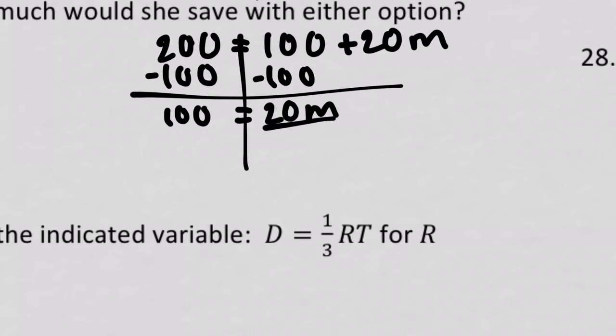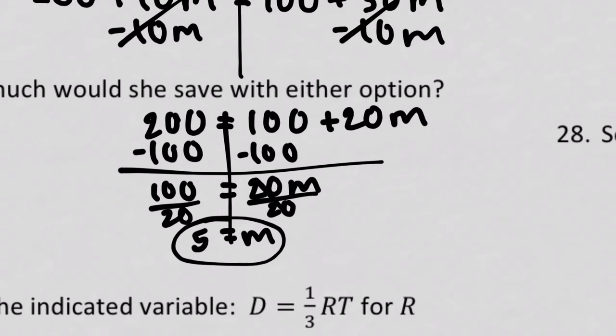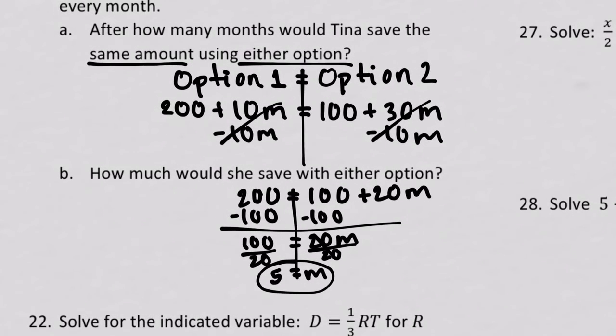Solve by dividing by 20. And so m equals 100 divided by 20. M is the number of months, so that's 5 months. That's the answer to part A. Part A, after how many months? 5 months. I'll put it right here.